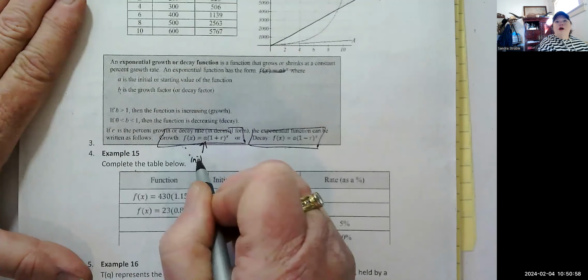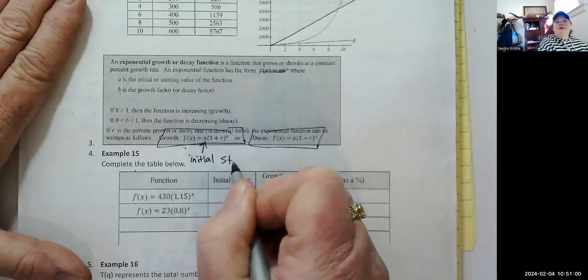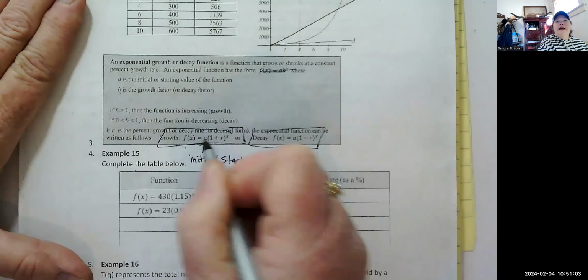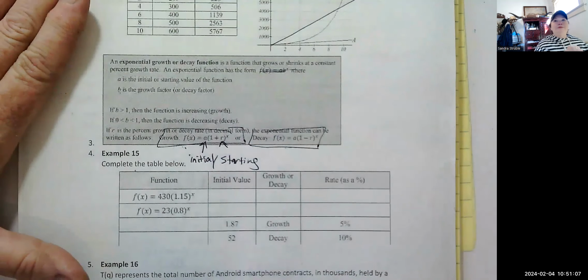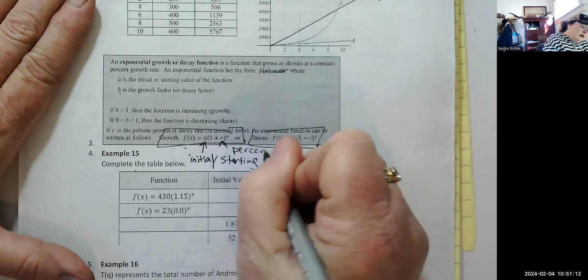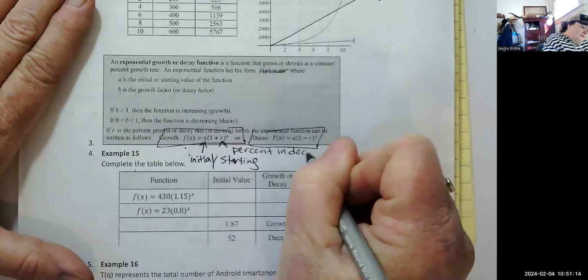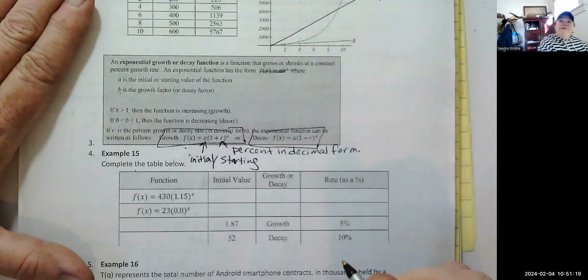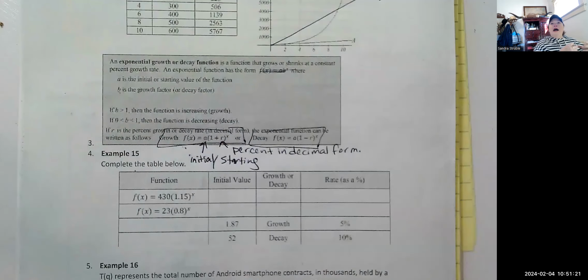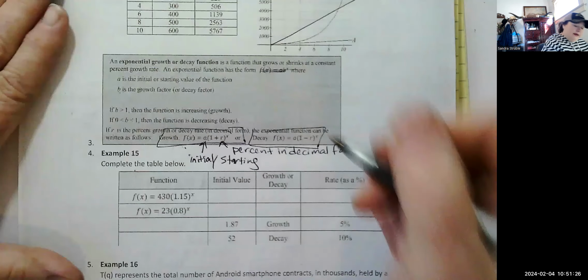So the initial or starting amount is A. R is your percent in decimal form. Like we took the 50%, we changed it to 0.5. And then X is the time. It has to do with time in years. X is always time in years.